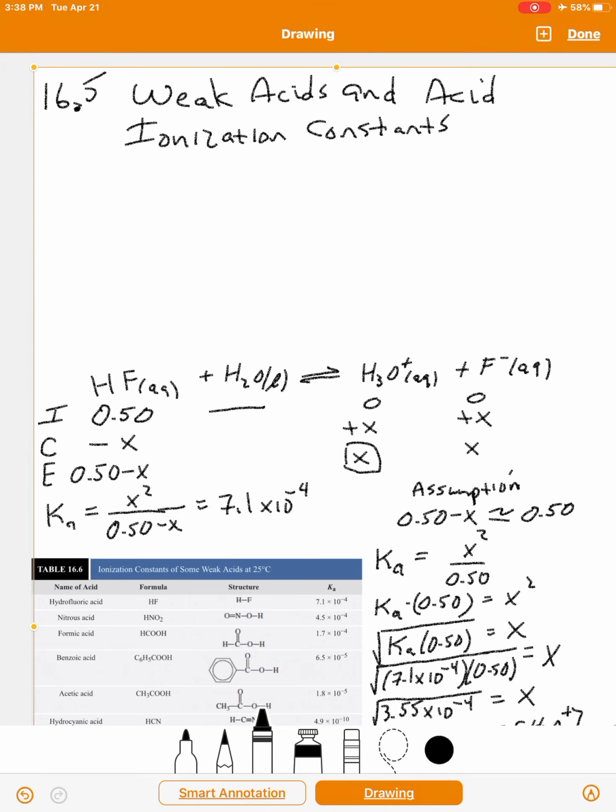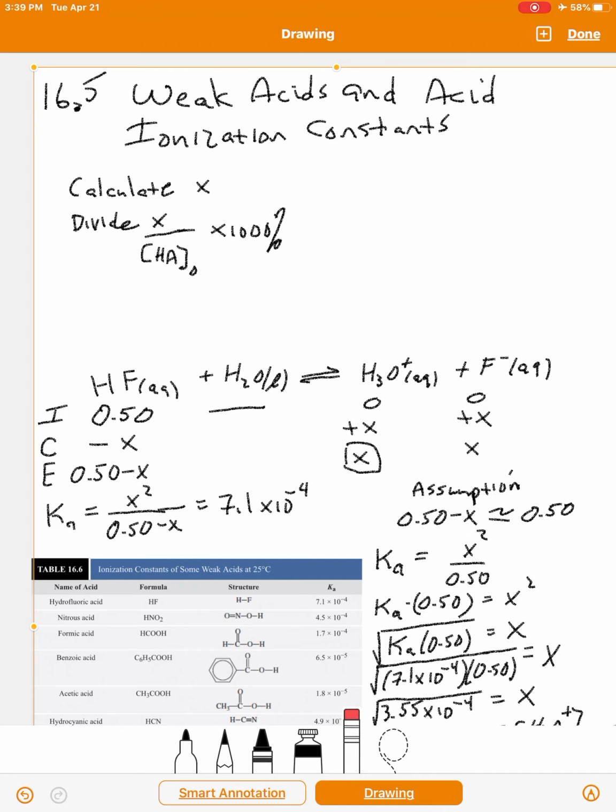What we would say is you calculate x, and then divide x by the initial concentration of the acid, and then convert that to a percentage. Not 1,000%, sorry, 100%.